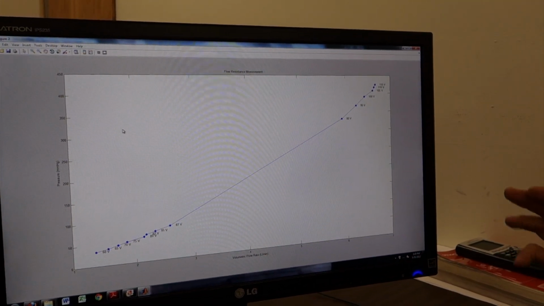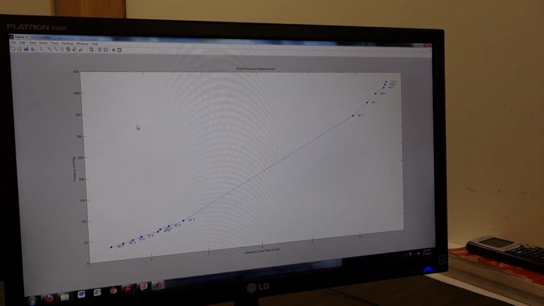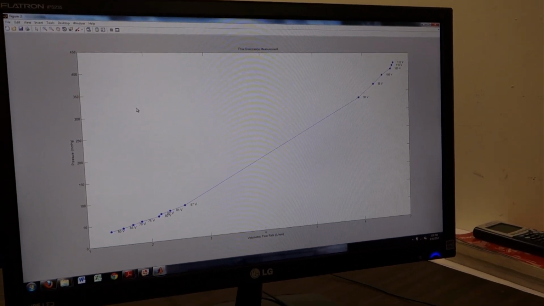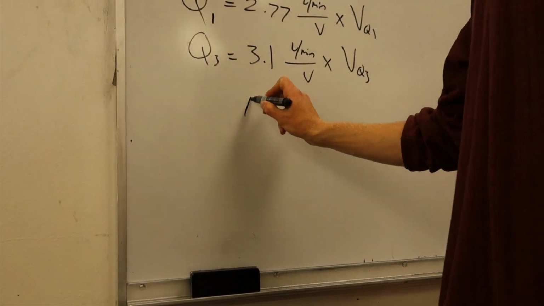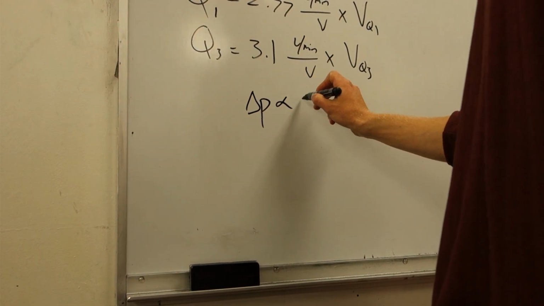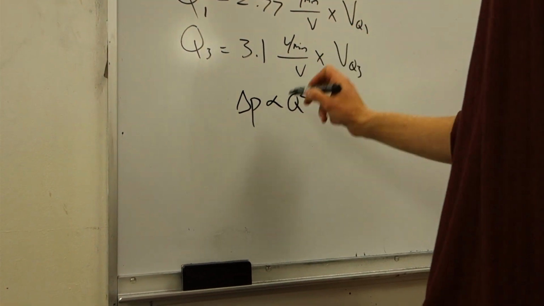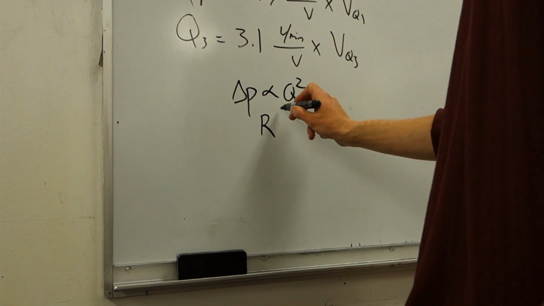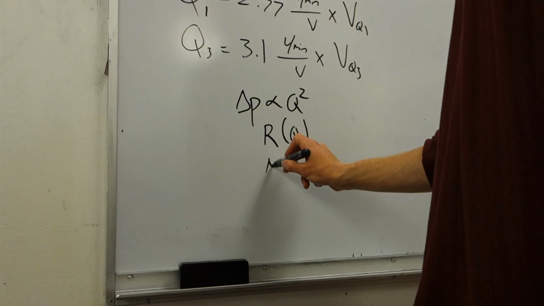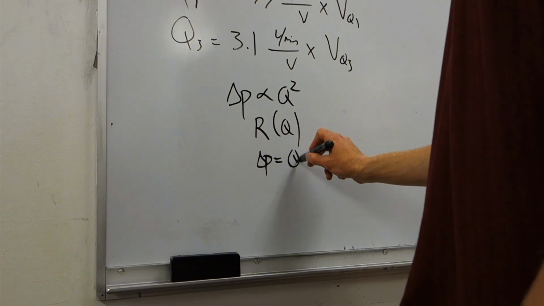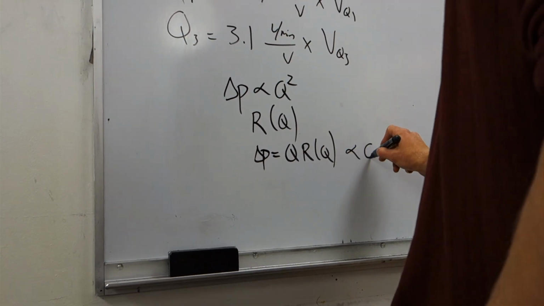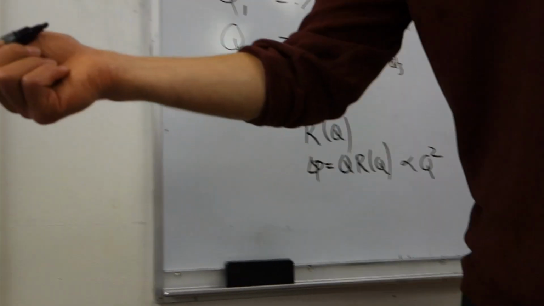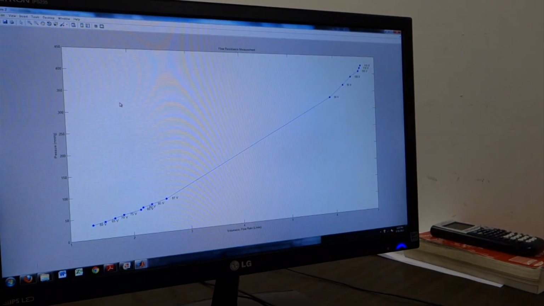And this turns out to be empirically validated, because we know empirically that for turbulent flow, delta P is proportional to Q squared. And this is because R itself will be a function of Q. So delta P will be equal to Q times some R, which itself is a function of Q, which is proportional to Q squared. And we're seeing that experiment here validated.